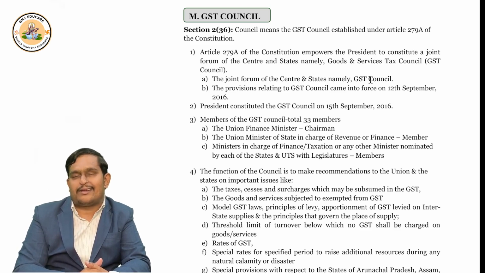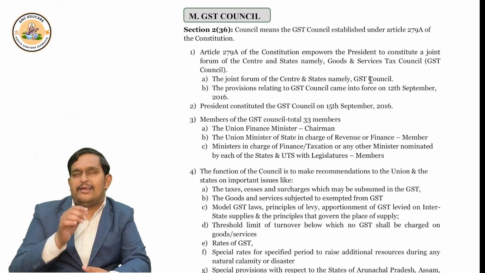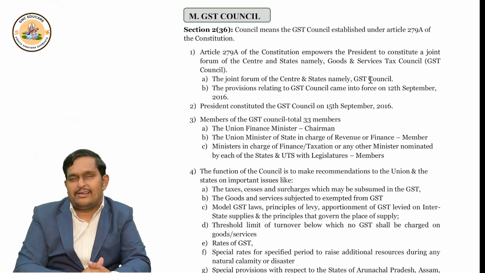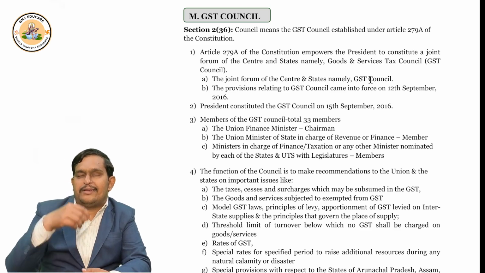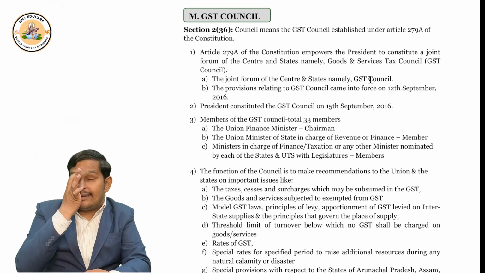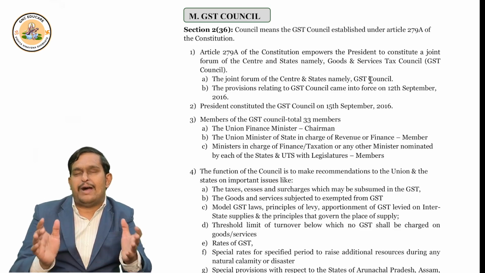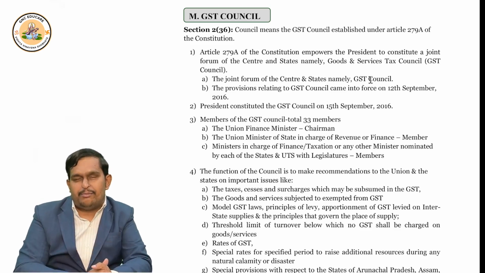So 31 ministers, basically finance ministers of the states, should come and be a part. But sometimes they can nominate some other person, and that person can also be a part of the GST Council. But from each state, only one.